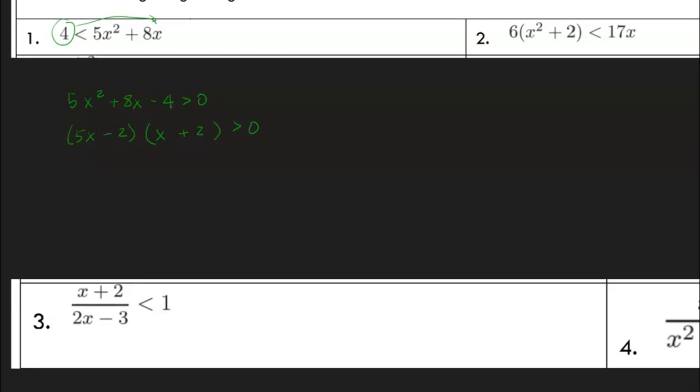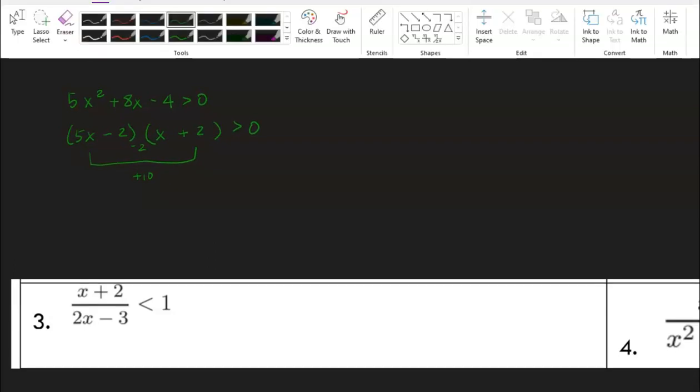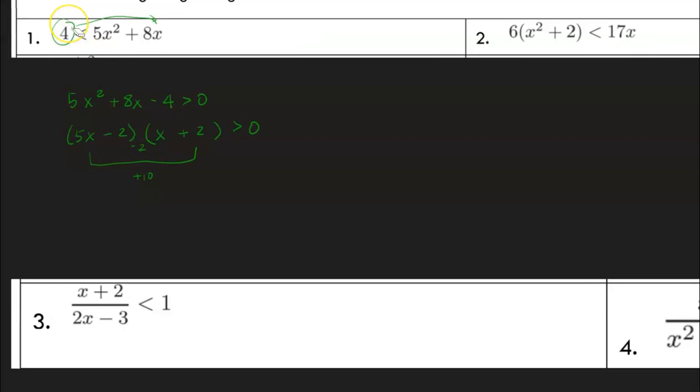So a positive 10 and a minus 2 is going to give you this, right? This is a positive 10 and a minus 2. That's going to give you a positive 10. I mean, positive 8. I'm sorry. I'm a bit tired. Okay.